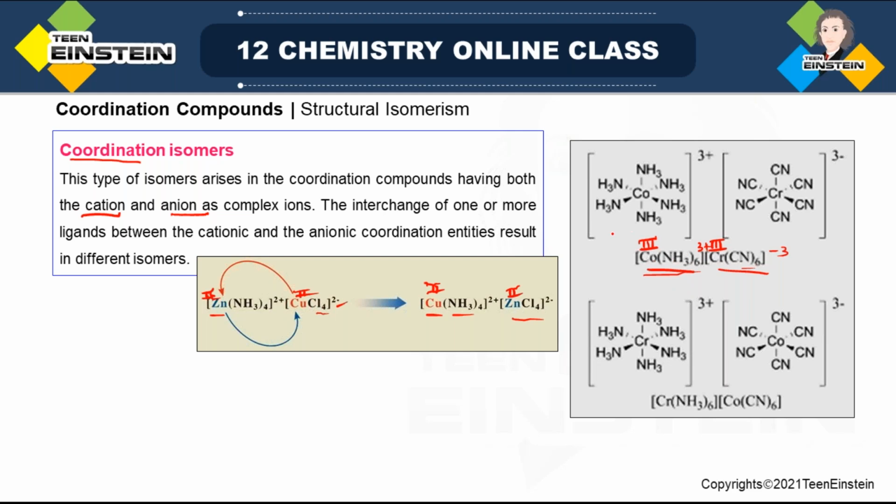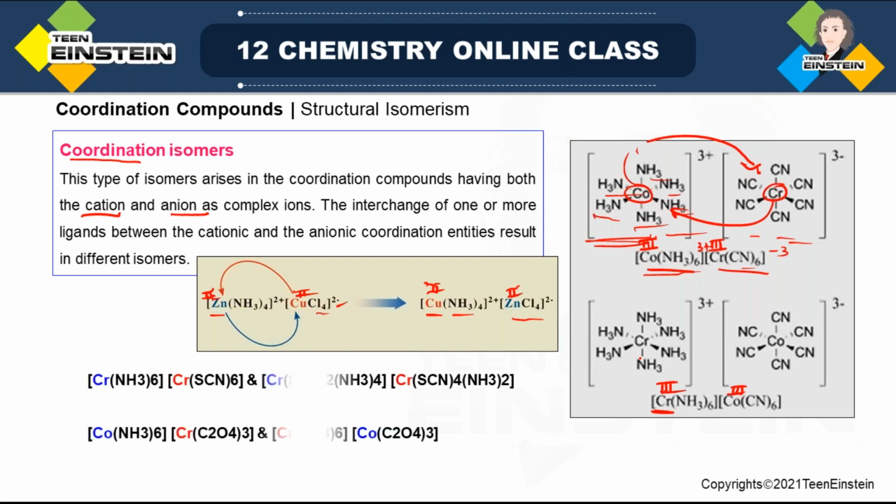If you write the full structure, it will be something like this: this is the cationic part and this is the anionic part, so this is one isomer. Now cobalt goes to the anionic position and chromium goes to the cationic position. In the cationic part we have chromium, there is no change in oxidation state, and in the anionic part there is cobalt. So these two are also examples of coordination isomer.